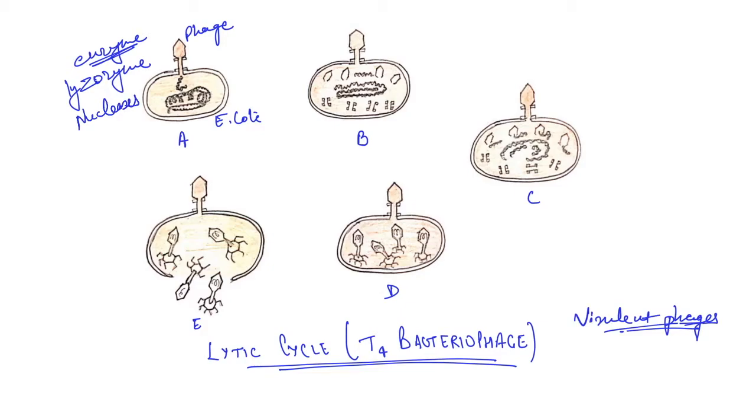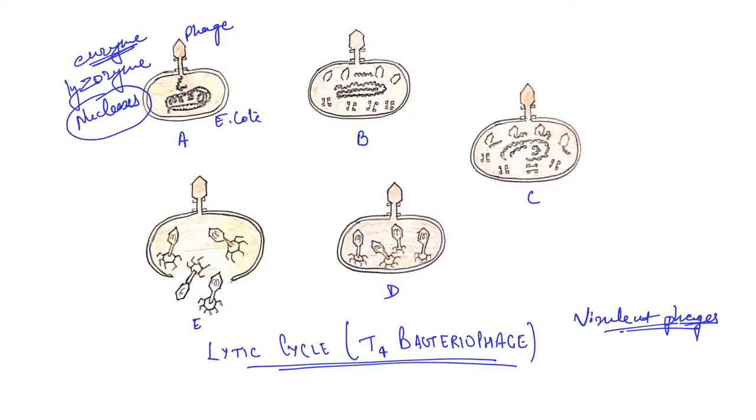So basically, this genome is making the enzyme nucleases. What nuclease does is it degrades host DNA and mRNA. The host DNA and mRNA degrade, and the transfer RNA and ribosomes remain unaffected.